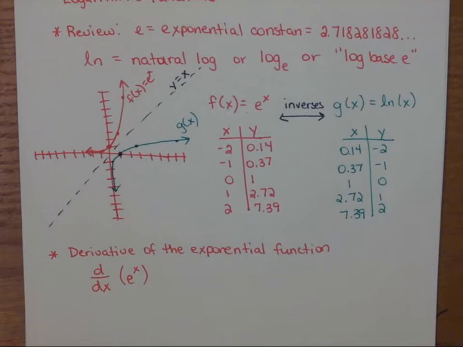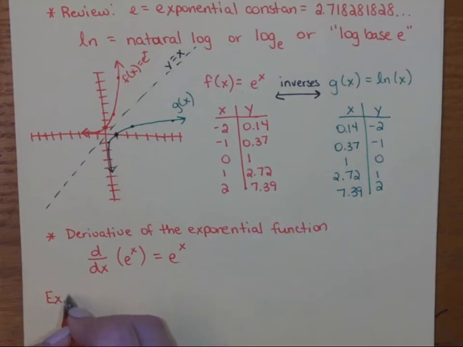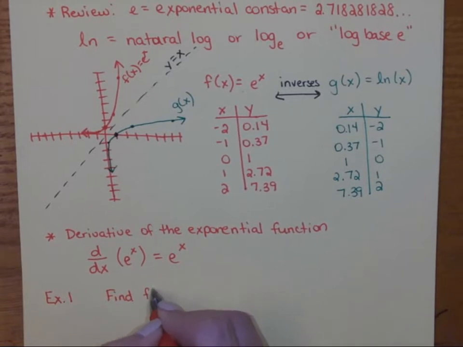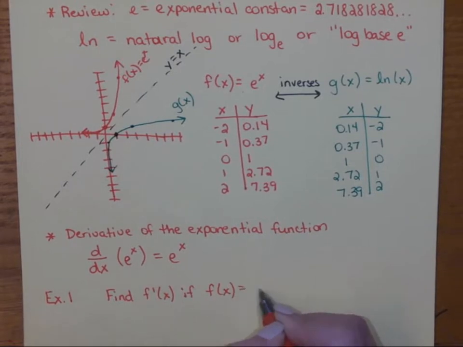Okay. Interestingly enough, the derivative of e to the x is always itself. Again, it's a special case. So let's do a couple of these, and then we're going to come back to this in the next couple weeks when it gets a little more complicated, but for now we're going to stay pretty general with this.